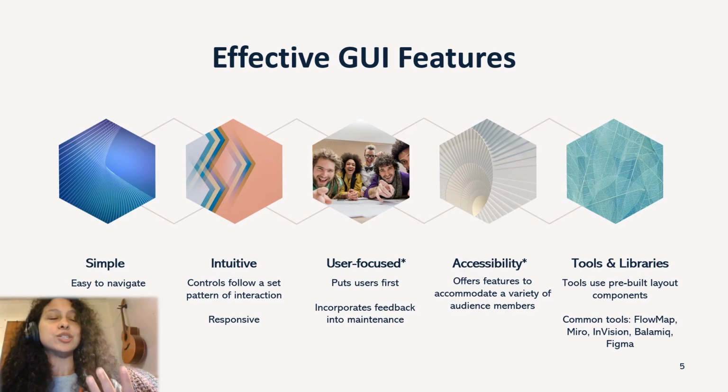That means the GUI is easy to navigate, and there's not too much information on any one component of the GUI that overloads the user. It's just simple, straight to the point, and there's not a lot to digest. Effective GUIs are also intuitive. That means their controls follow a set pattern of interaction that's established from the very first moment a user engages with the product until the end.